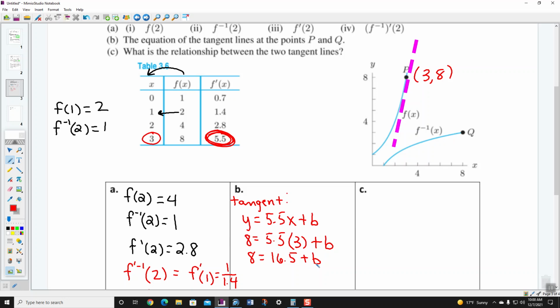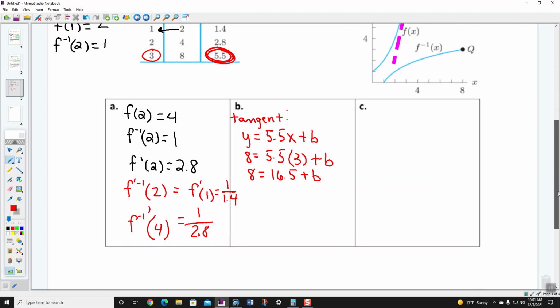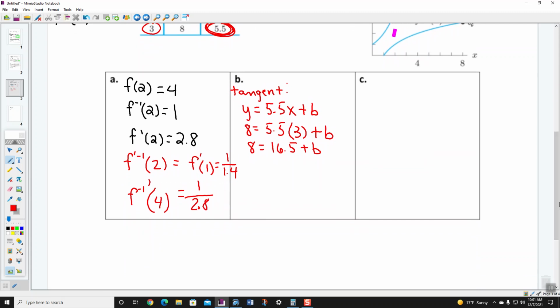Negative 8.5, very good. So once b is negative 8.5 and your slope's 5.5, can we come up with a tangent line equation now? So we get y equals 5.5x minus what?